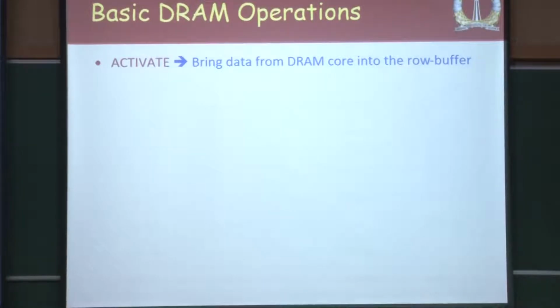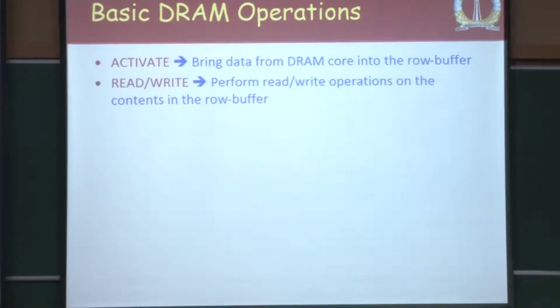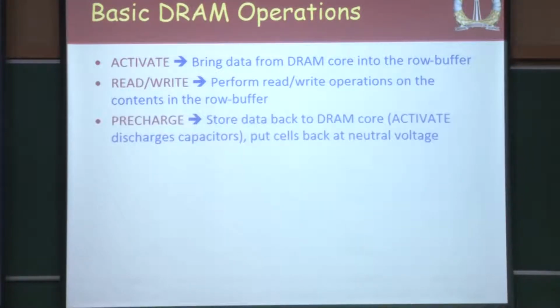Activate is essentially bringing the data from the row into the row buffer. Read and write correspond to basically the column access, and each one of these activities is going to take some number of cycles. You have to remember that. Precharge is the act of writing the data from the row buffer back into the device.